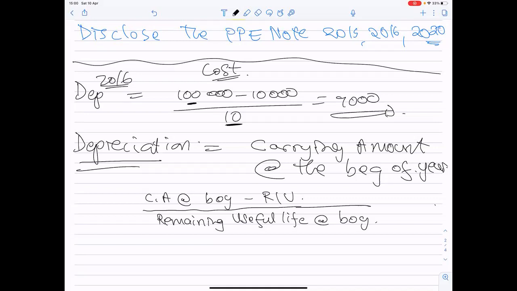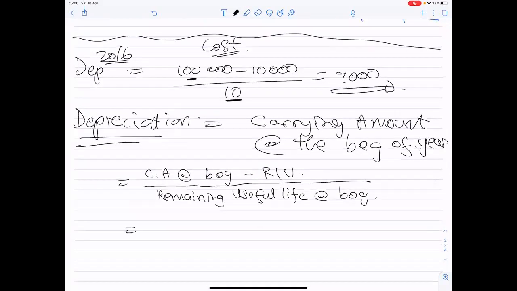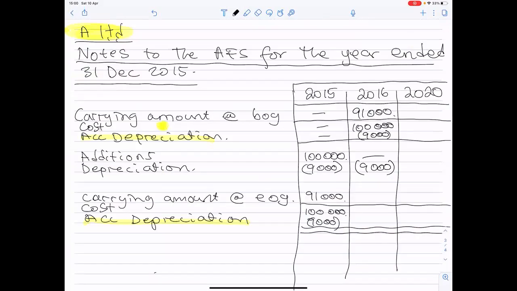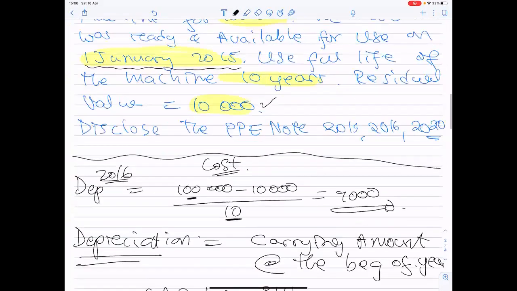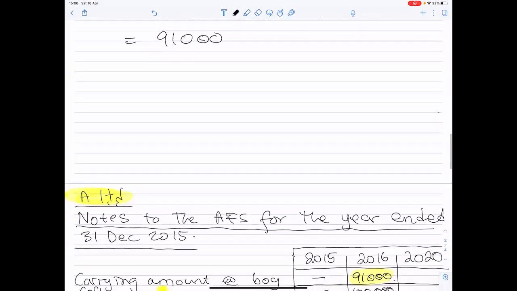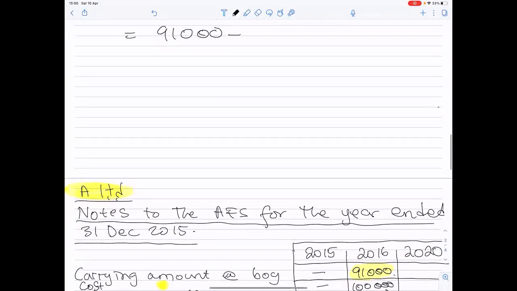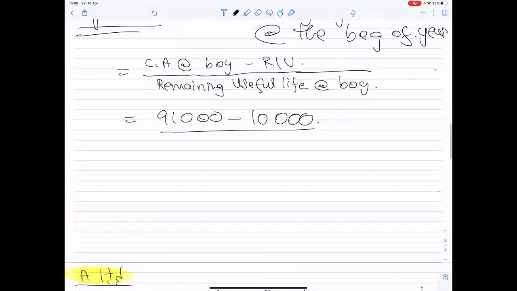Are we together? So let's do that for the year 2016. So the carrying amount at the beginning of the year 2016 is 91,000. So I'm going to put my 91,000 there. Are we together? I subtract my residual value, it is still 10,000. I divide it by the remaining useful life at the beginning of the year.